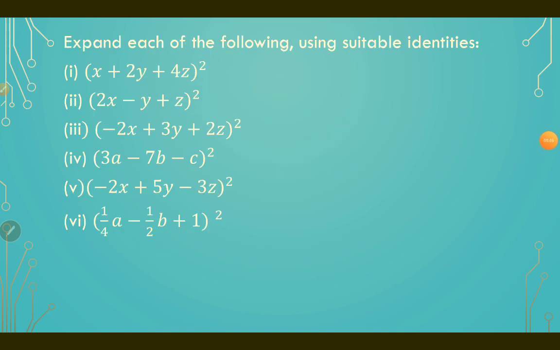Expand each of the following using suitable identity. So this is nothing but (a plus b plus c) the whole square, which is a square plus b square plus c square plus 2ab plus 2bc plus 2ac.